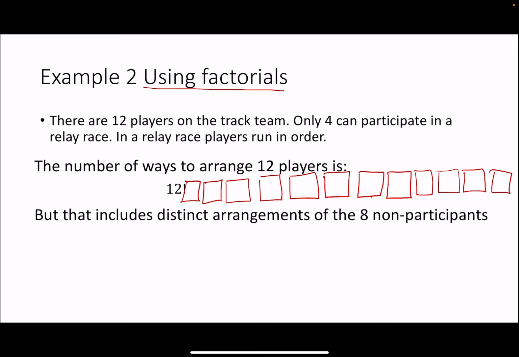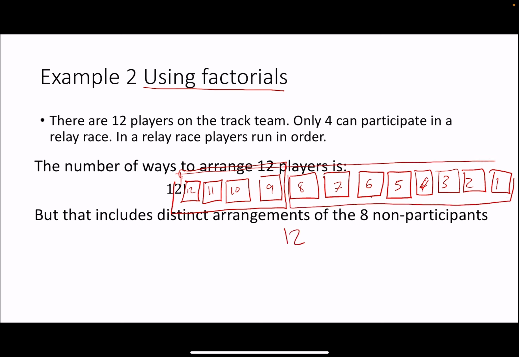Okay, so think about this. There's 12 choices here, 11, 10, 9, 8, 7, 6, 5, 4, 3, 2, and 1. Now we have this 12 factorial. It includes this many ways to arrange non-participants, right?